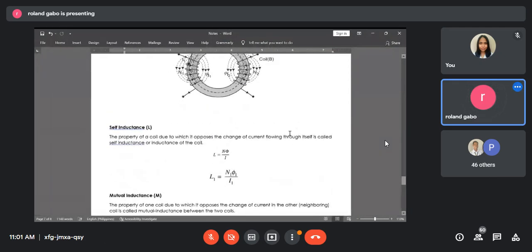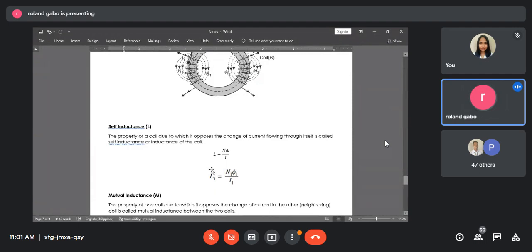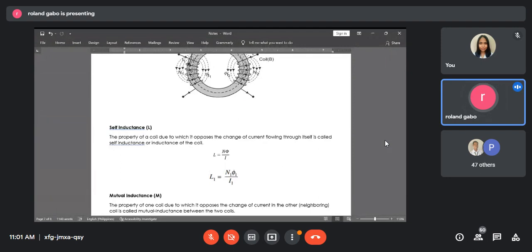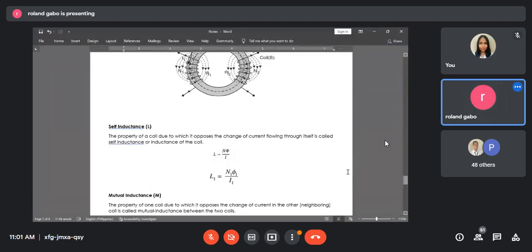Okay, so now for self-inductance, the property of a coil due to which it opposes the change of current. So ang inductor mo oppose og change in current. So unsay tawag anang ni oppose sa change in current or current flowing through itself, this is called self-inductance or inductance of the coil.